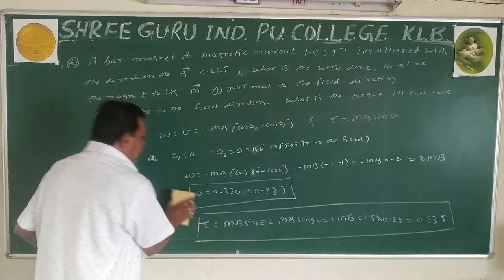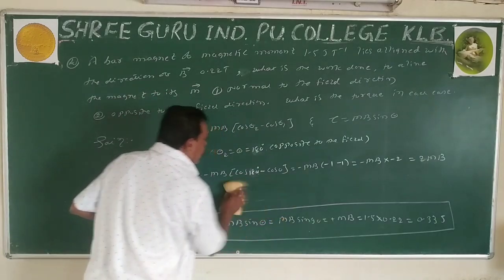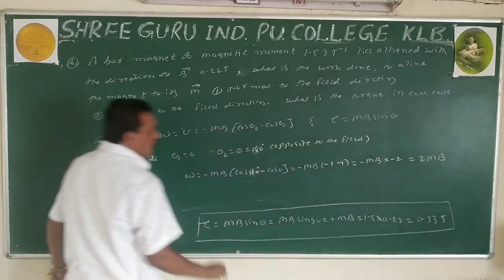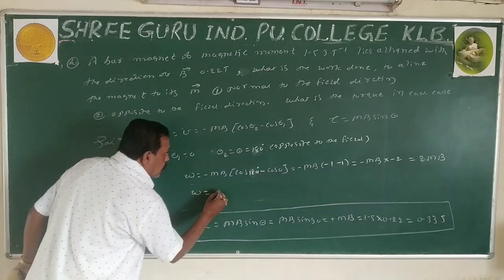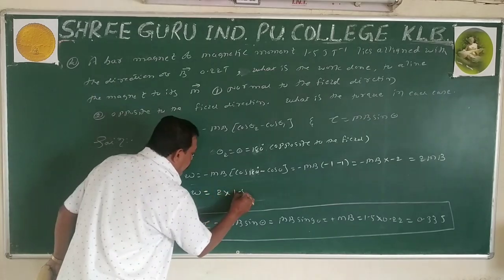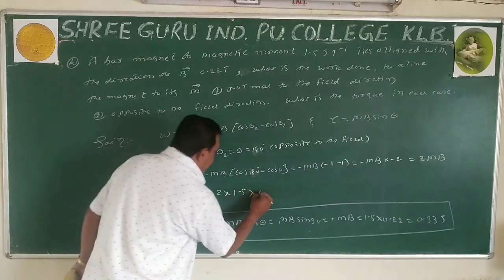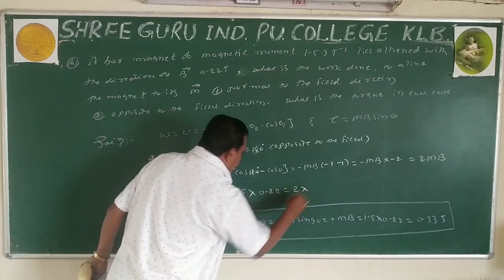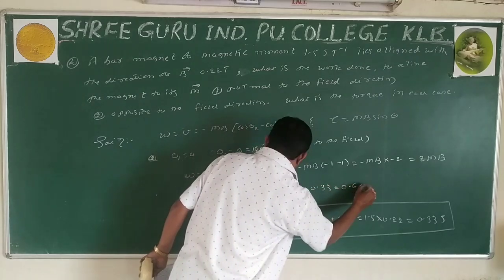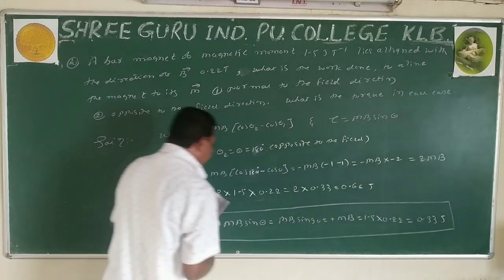Yes. cos 0 -1, cos 180 -1, minus of minus 2, work done equals to 2 mb. How much? 1.5 b, 0.22 2, 0.33, 0.66 joule. Is it clear?